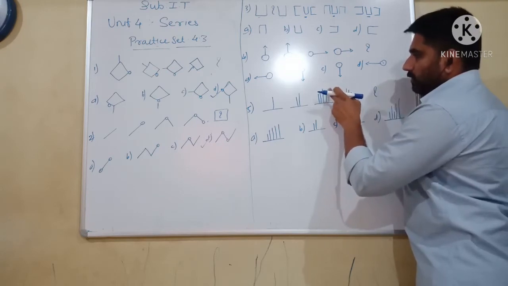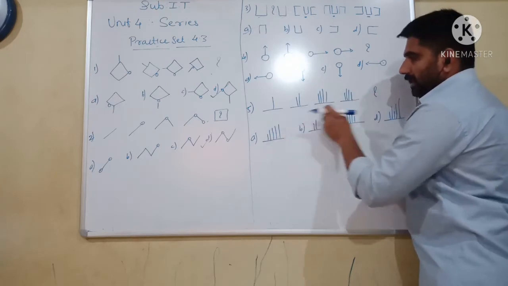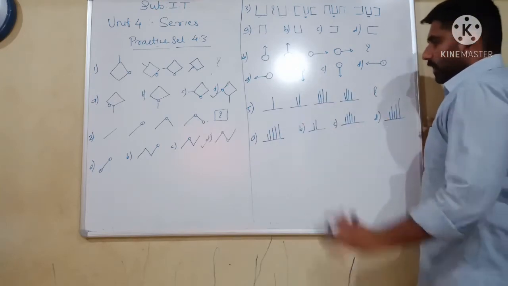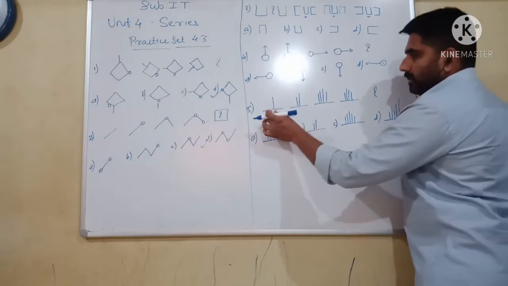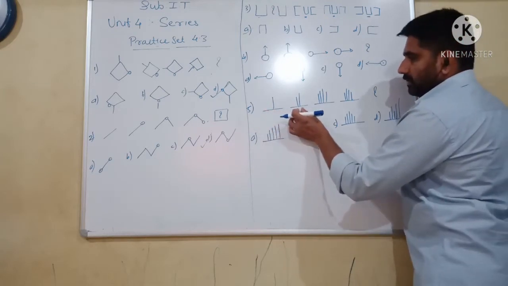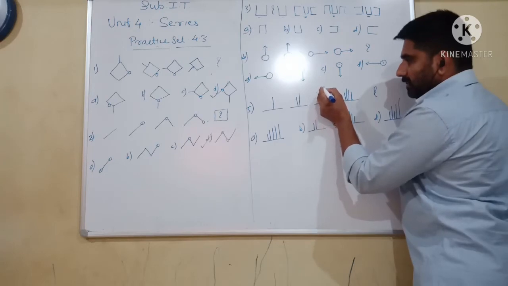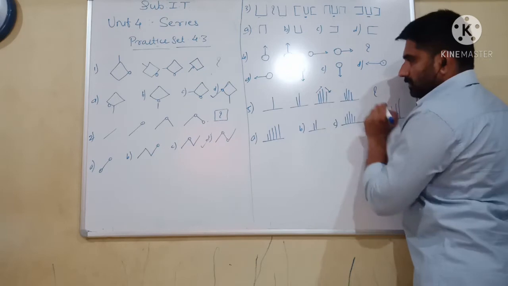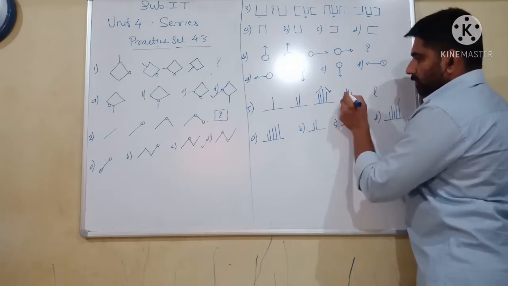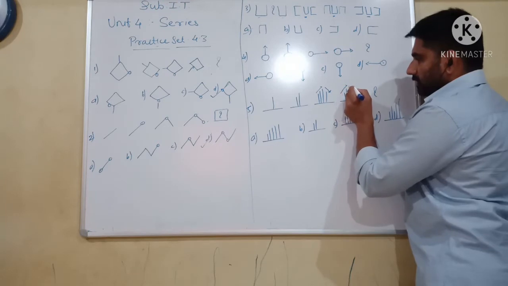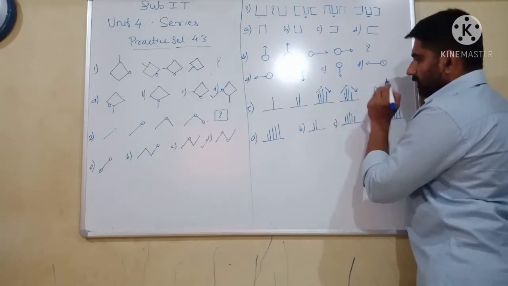See, here is one line, here are two lines, and the lines keep increasing up to 3, but after 3 they are decreasing.